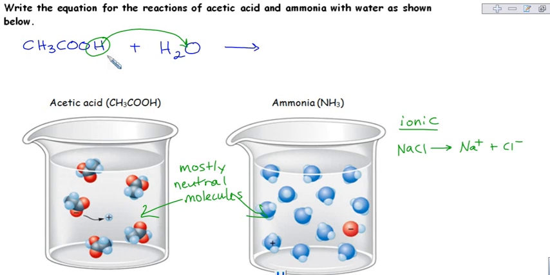It's not being held very tight to the original molecule. If the attraction is great enough, we could remove the hydrogen. So we'd be left with CH3COO, which looks kind of funny, but it's right. And then H3O. And these particles would be charged with the extra hydrogen. H3O is +1. Without the hydrogen, the rest of that original molecule is called the acetate ion, and it is charged -1.